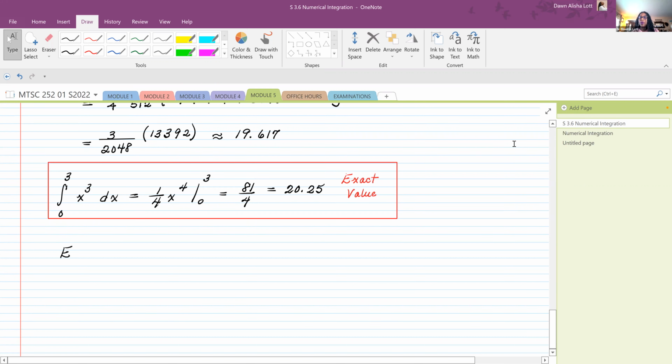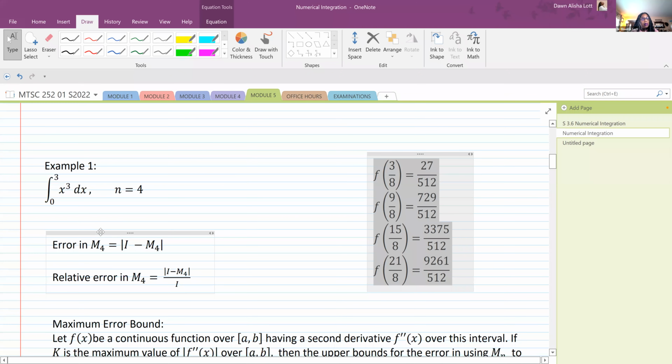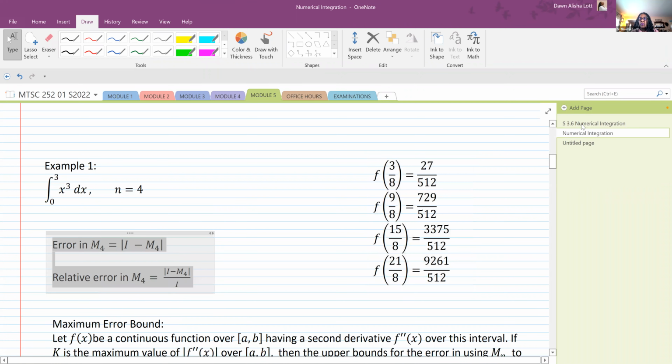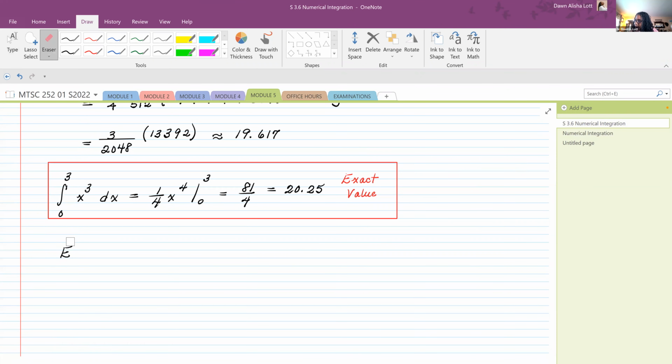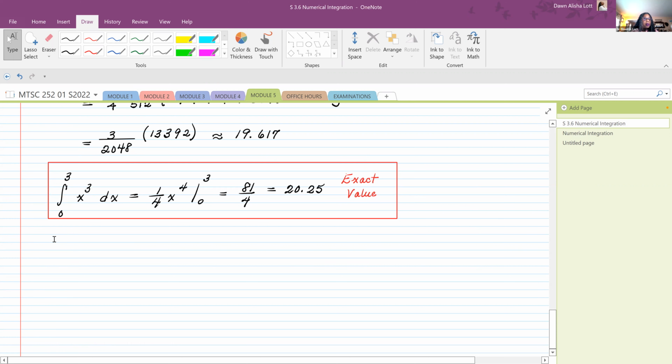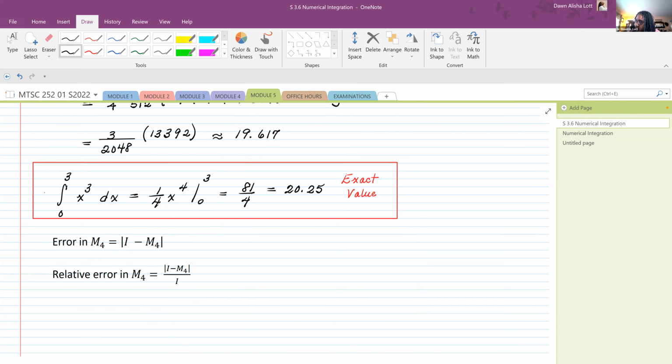So the error EM is simply to take the I, which is the true value of the integral, minus M4.